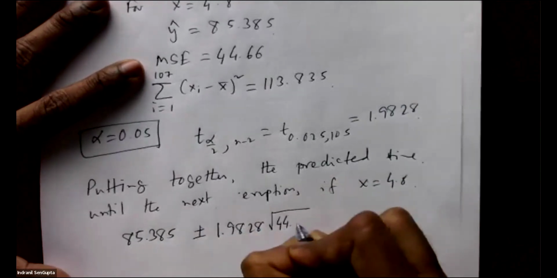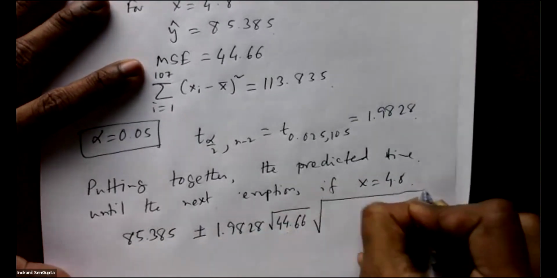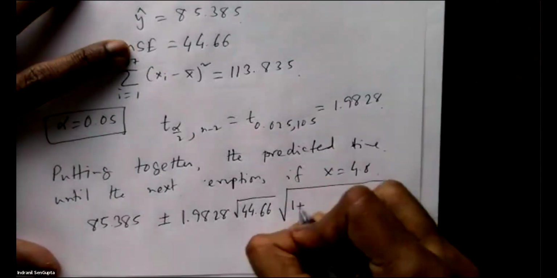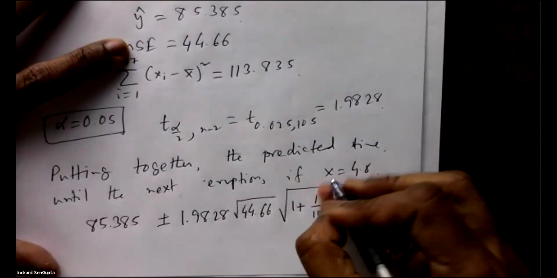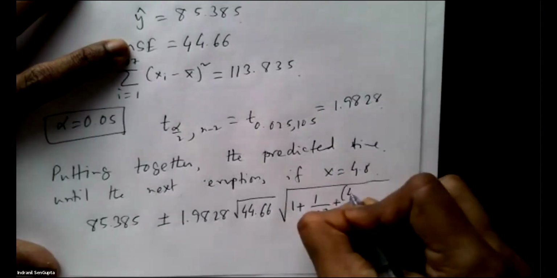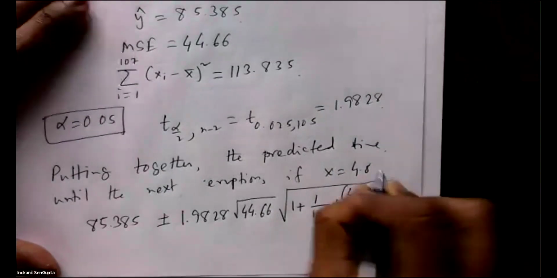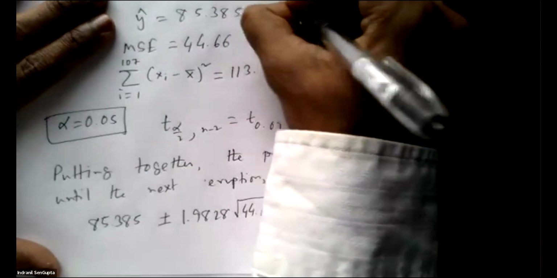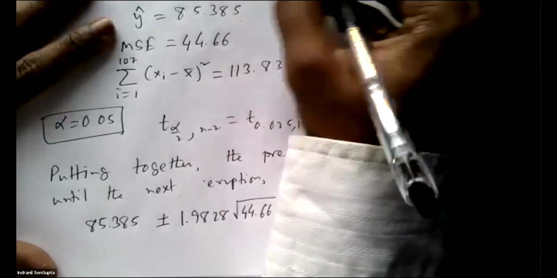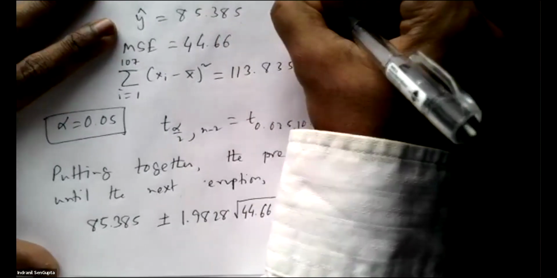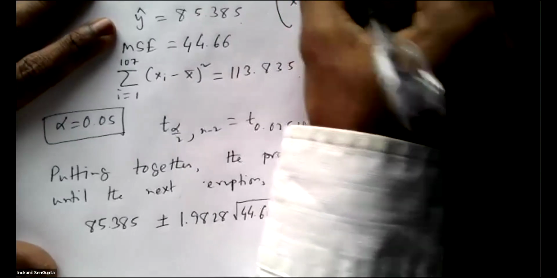Everything looks very similar to what we had last time, except now here we have 1 plus 1 over 107 plus (4.8 minus 3.46075) squared over 113.835. By the way, I forgot to write, x bar is 3.46075 for this data.